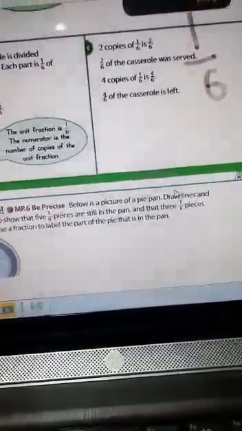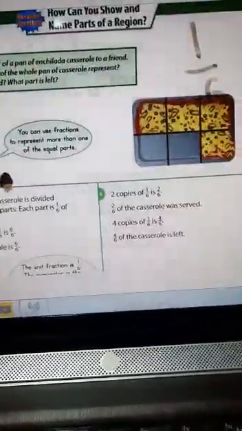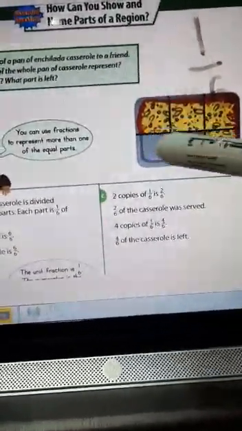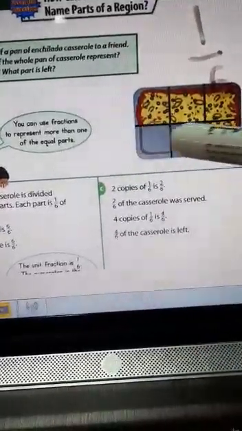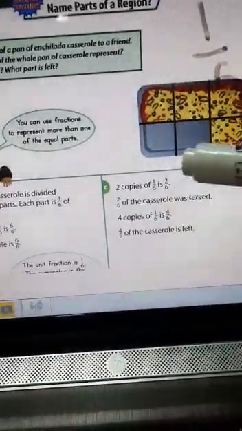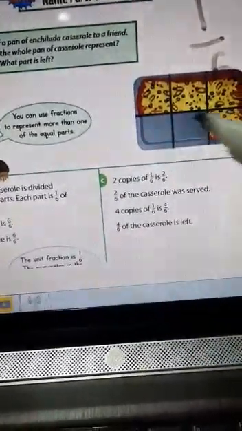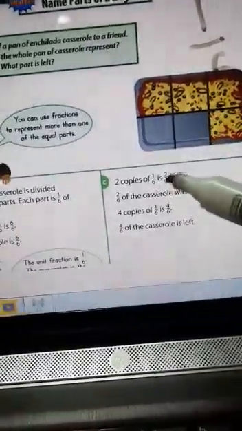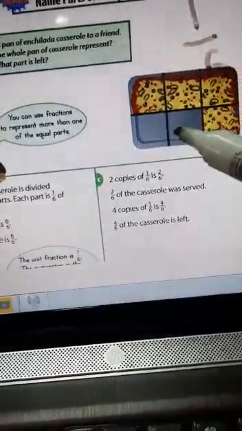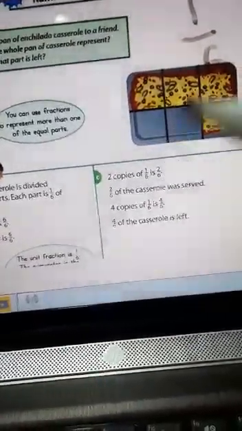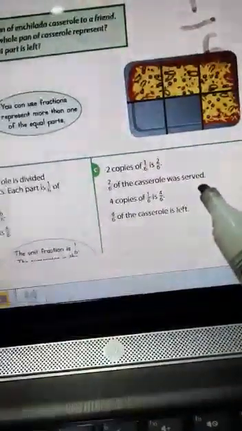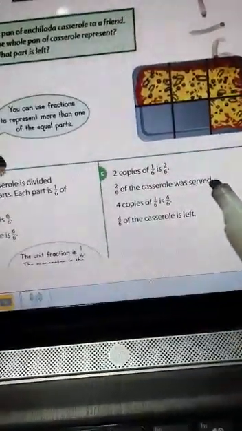What does that mean? 2 copies. For example, if I want to say these 2 parts which are eaten, already served, they are what? 2 of 6. First, they are each unit 1 of 6, as they said. But if they are 2 served, you will say 2 of 6. Now, 2 of 6 of the casserole was served, eaten. Someone took it and ate it.